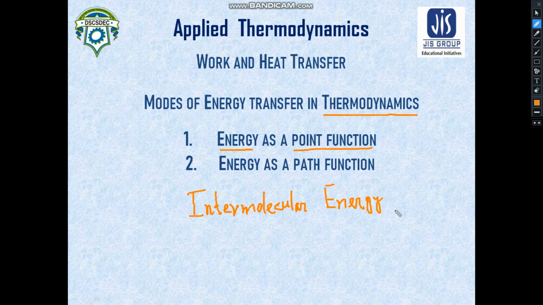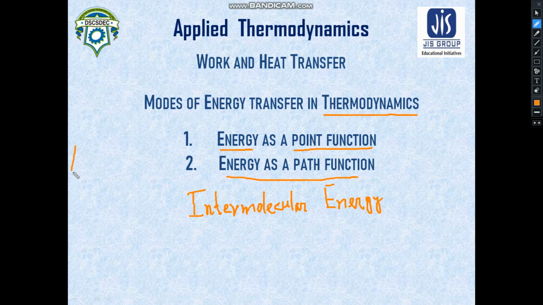On the other hand, there is some kind of energy transfer taking place by virtue of path, by virtue of the boundary transfer. That means there are some kinds of energy which can cross the boundaries.